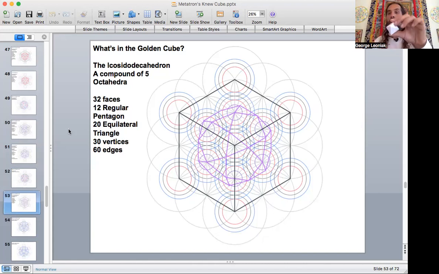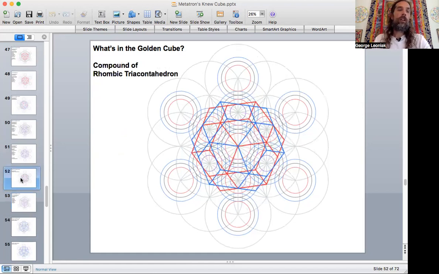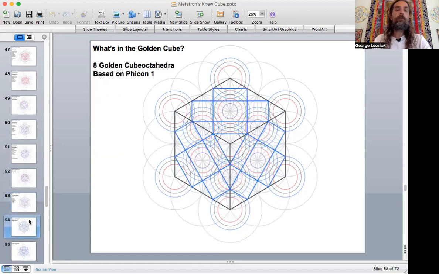And that's one octahedron. It's made of 5 of these. And we could see that this point here on the surface of the cube, and this one down here on the surface of the cube, and this one here on the surface of the cube, the face of it, those are representing one of those octahedron that are inside that Icosi dodecahedron. And we can also draw that form inside our structure based on the previous drawing of the rhombic tricontahedron.